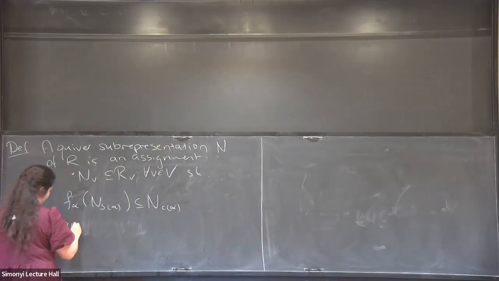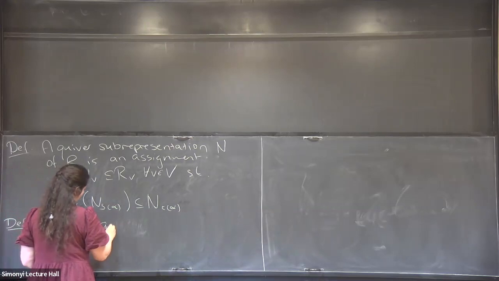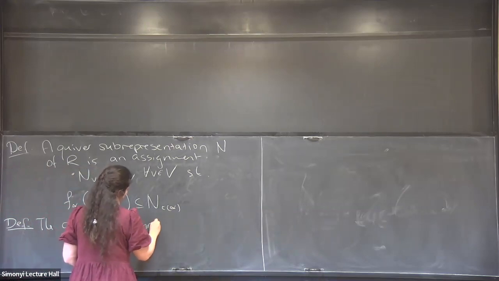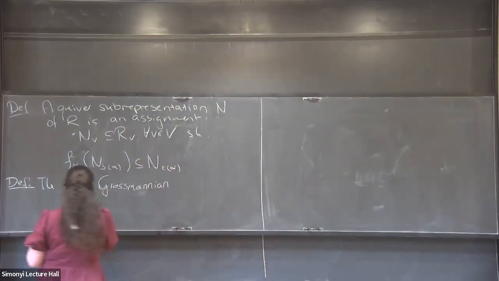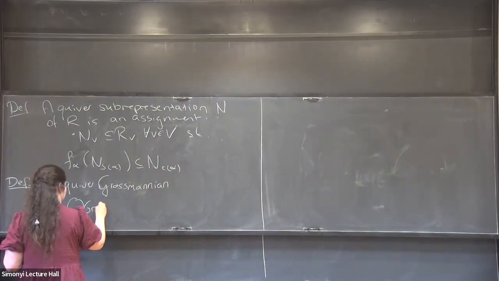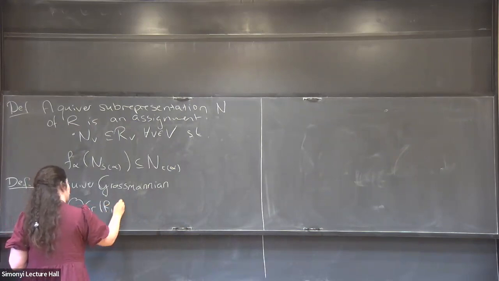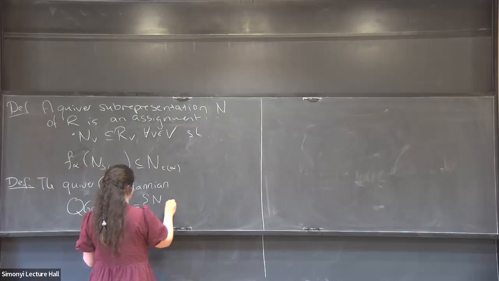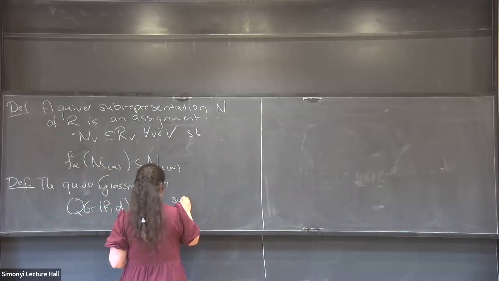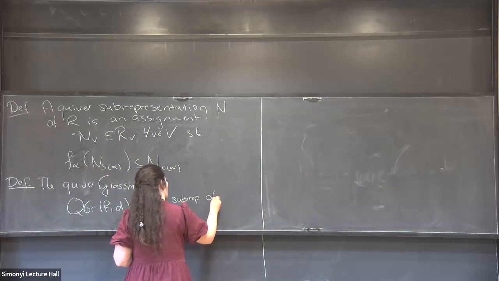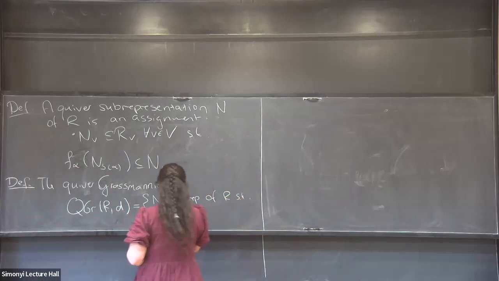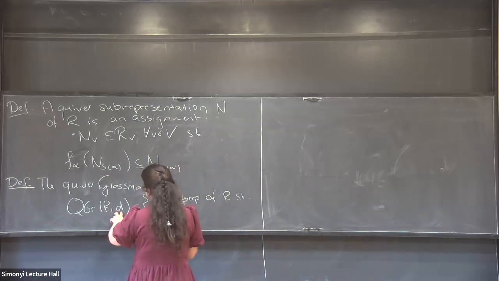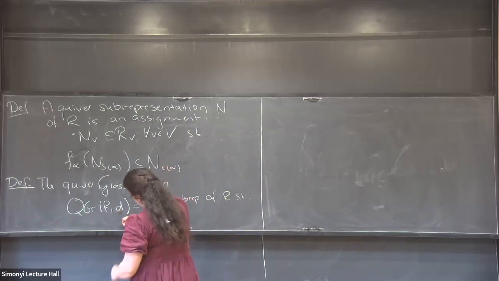The Quiver Grassmannian of a representation R and dimension vector d is the set of all subrepresentations N of R, such that the dimension of the subspace assigned at each of my vertices is the dimension imposed by this dimension vector here.